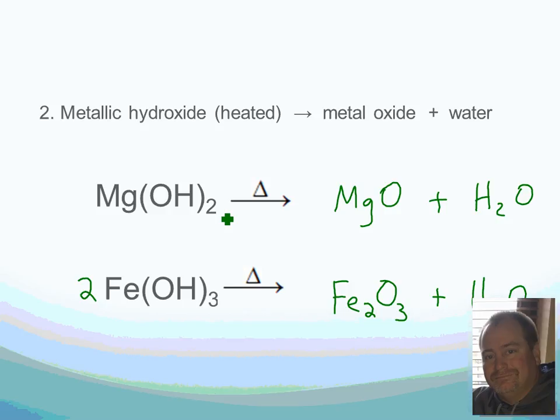I have now 6 hydrogens and 6 oxygens over here. Come over here, I've already got 3 oxygens there. If I put a 3 here, that gives me 6 hydrogens and 6 oxygens. So that balances me out.